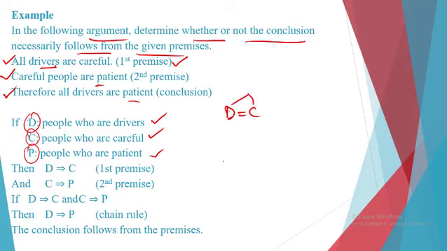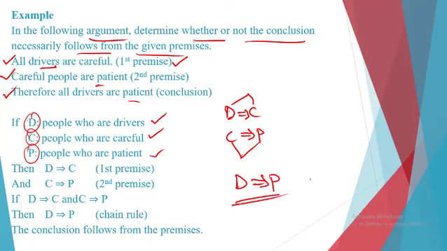Is that correct? And then we can say that C also implies P, because we are told that careful people are patient. So if D implies C and C implies P, it means that D implies P.